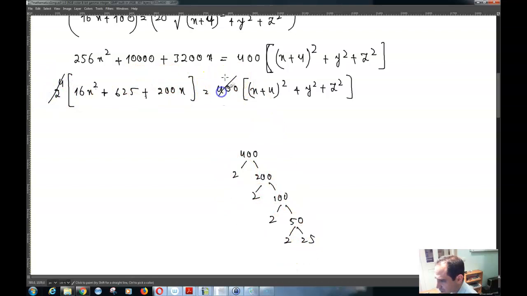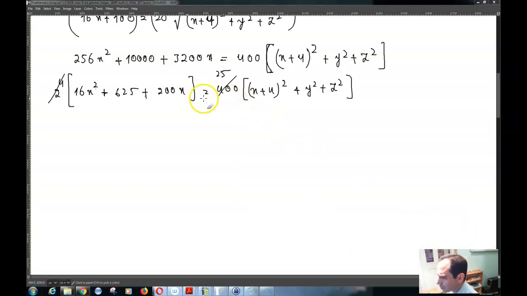So this is 1 and this is 25. And then basically you have 16 times x squared plus 200x plus 625 is equal to 25.